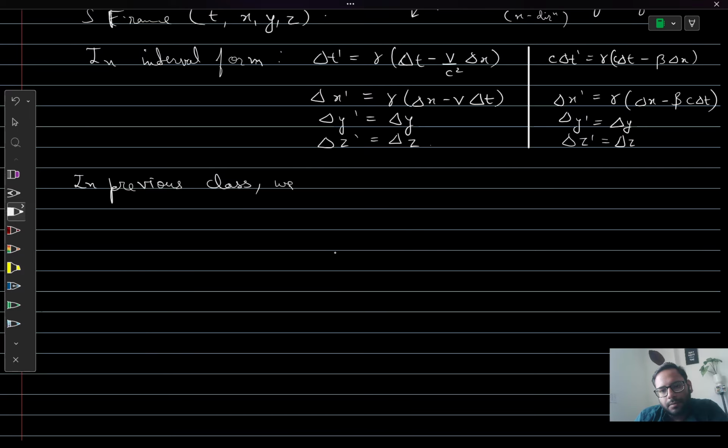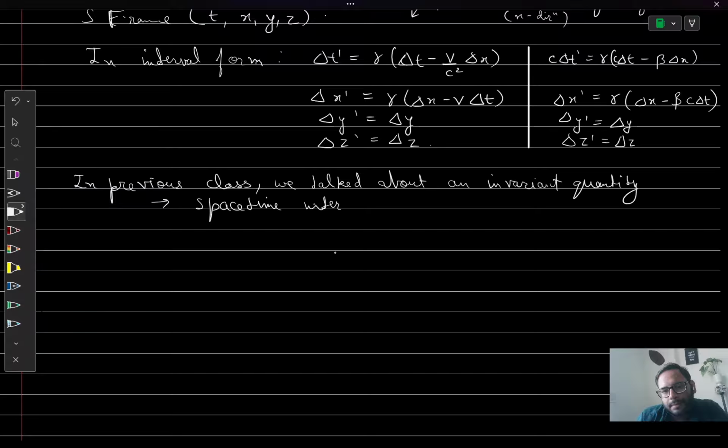In the previous class we talked about an invariant quantity, the most important invariant quantity in the whole of STR, that is the space-time interval.